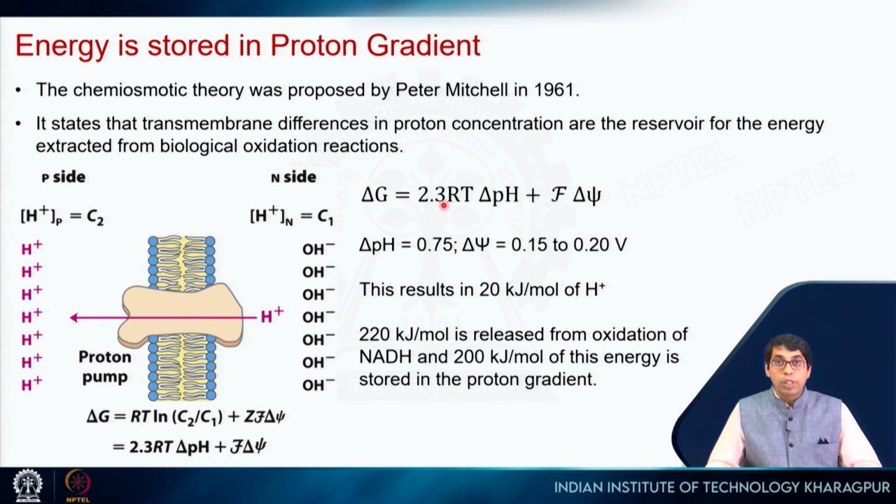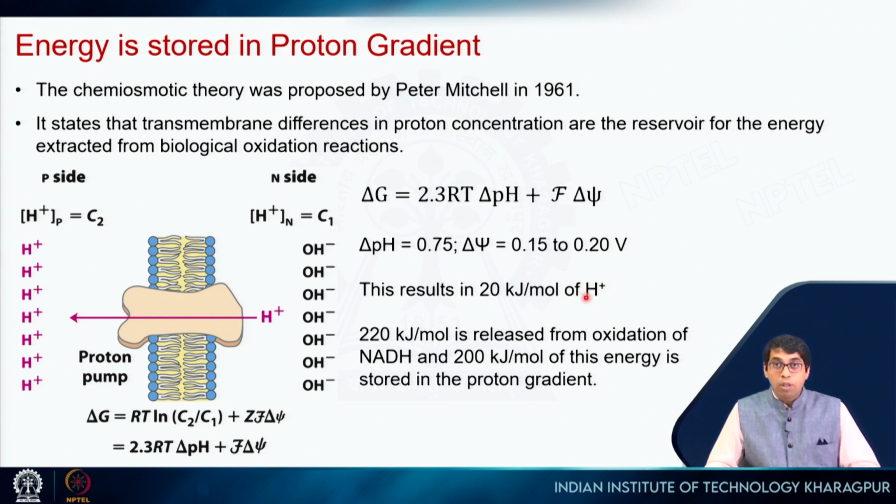ΔG equals 2.3 RT ΔpH plus F times Δψ. Now if we plug in these values, where ΔpH, the difference in pH between the two sides, is 0.75, and Δψ, the difference in potential, is 0.15 to 0.2 volts, you get 20 kilojoules per mole of proton.